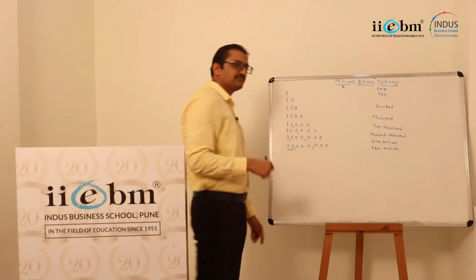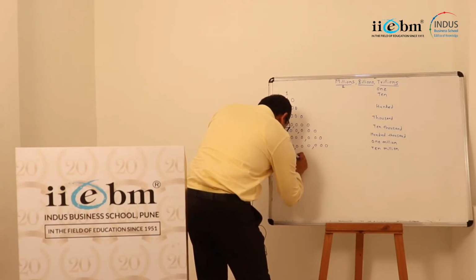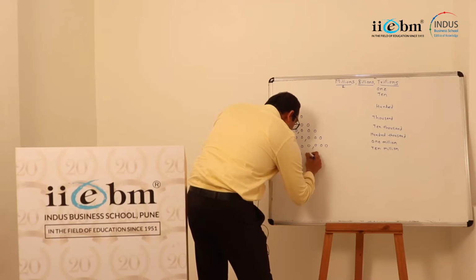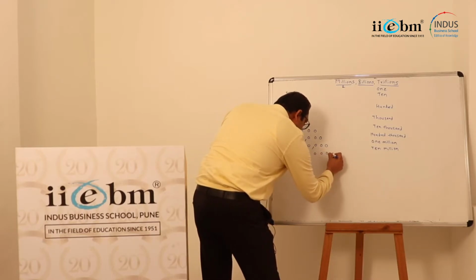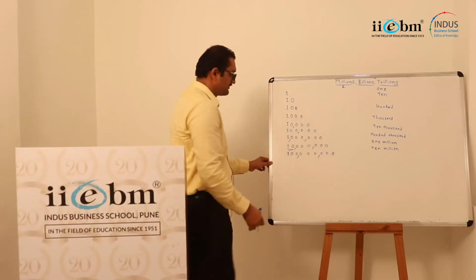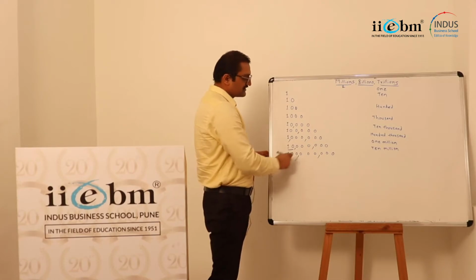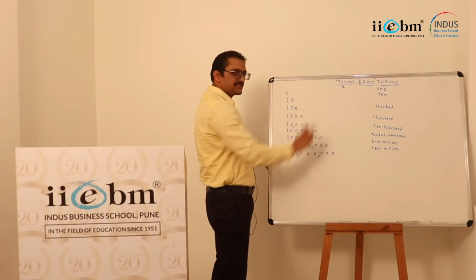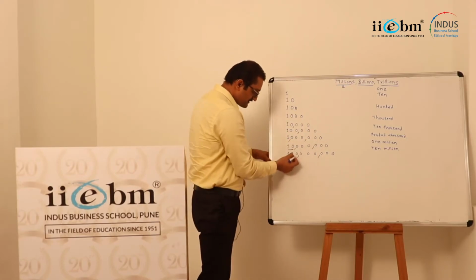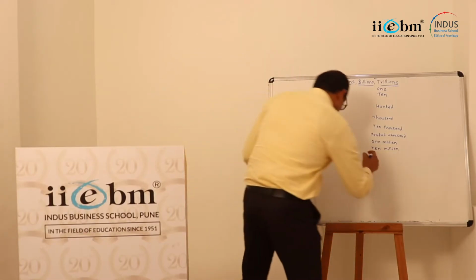Now, we will add one more 0 to 10 million. Again this number has two commas, so the number is in millions, but how many millions? 100 millions.